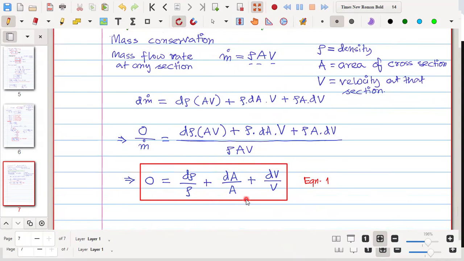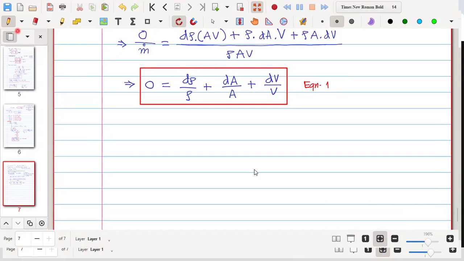Next, we will go for analyzing the energy. So we will write the energy balance first. For this case, the flow energy and the kinetic energy will be basically interchanged or interconverted.